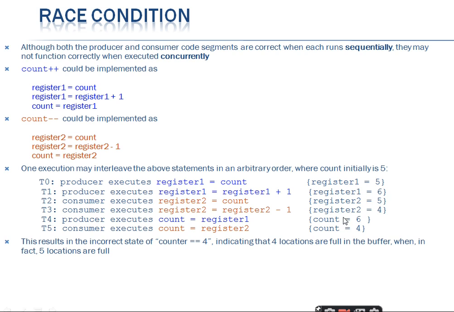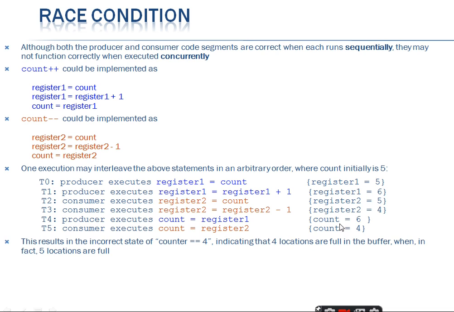Since register 1 value is 6, count will be given a value of 6. And at time T5, the consumer executes count equals register 2. Right now register 2 is 4, so count will be assigned 4.